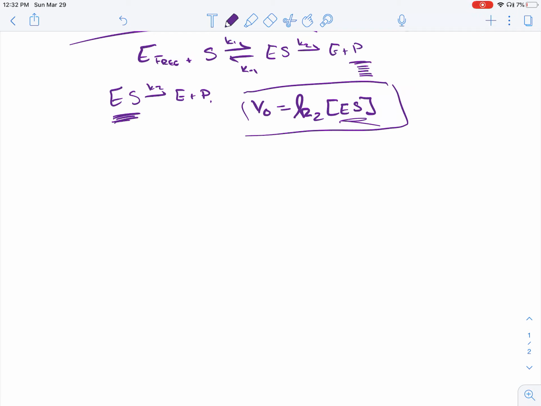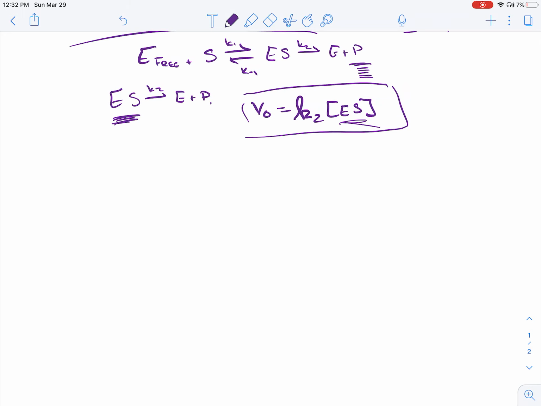And remember, we make the steady state assumption, which is to say that the rate of ES formation is equal to the rate of breakdown while these are at steady state. So we're going to use this now. If we could figure out what the enzyme substrate concentration is, we can set them equal to each other, and then we can solve for ES. And that's all we do in the Michaelis-Menten equation.